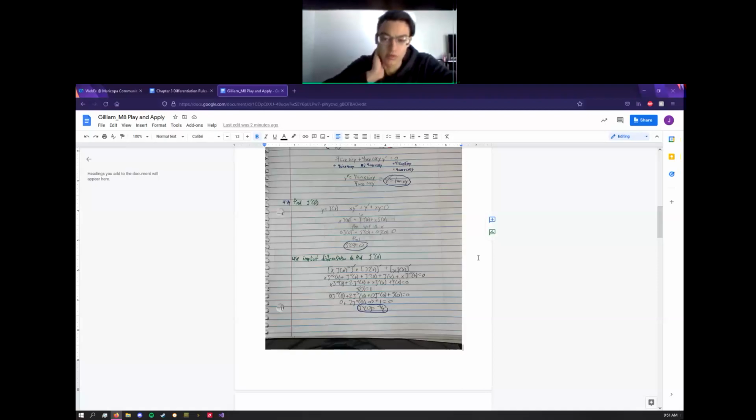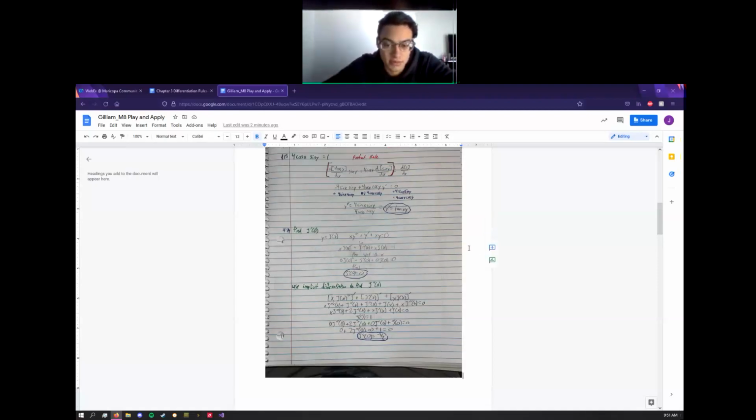I did the same one for the apply, but I got stuck on the second derivative, the J double prime. The first one was pretty simple, just plugging in the 0. But then, what exactly did you plug in for the double prime? Because that's one I just didn't really get.